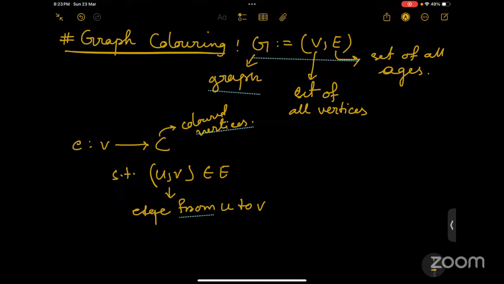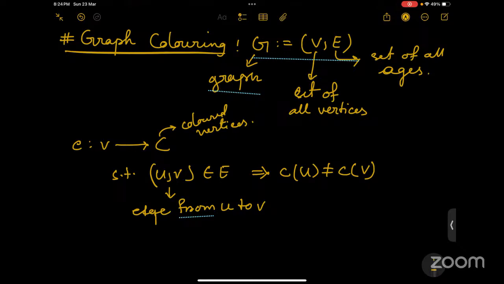And we know that capital E is our set of all edges. So it will imply that C(u) is not equal to C(v). That means whenever we have two vertices which are directly connected by an edge, they will not have the same color. In this way, we can express the coloring problem with the function.